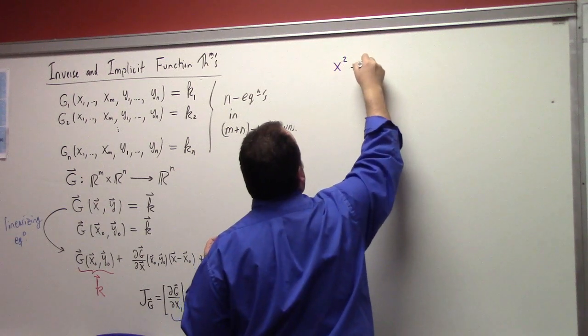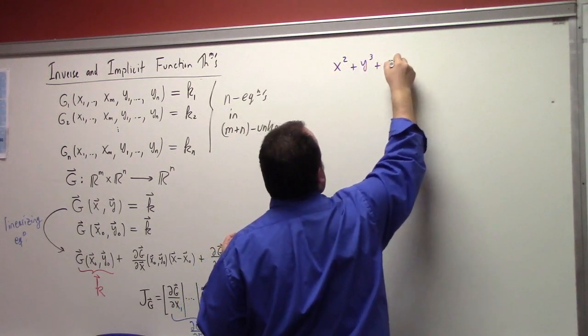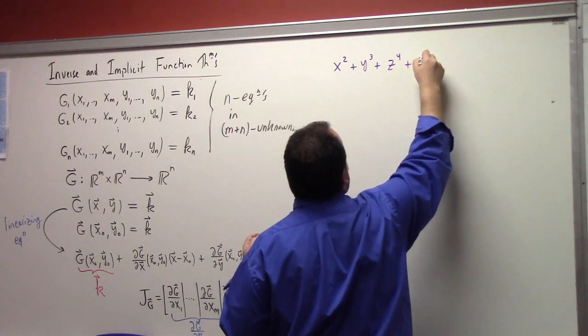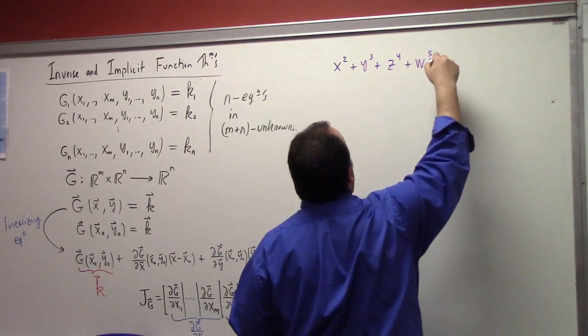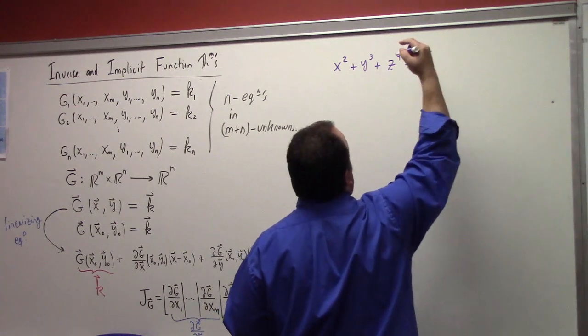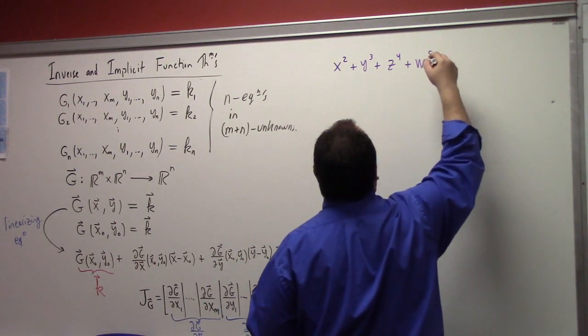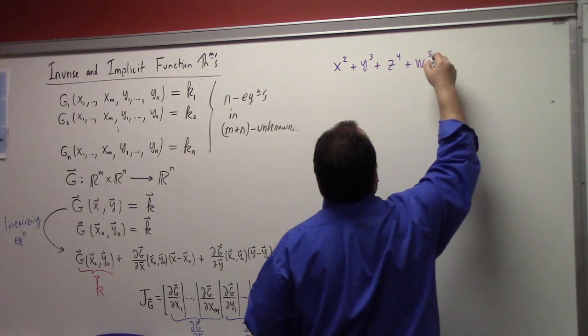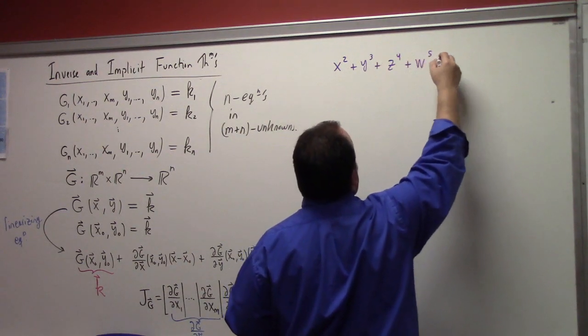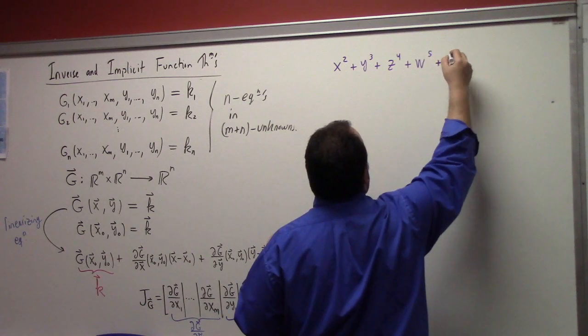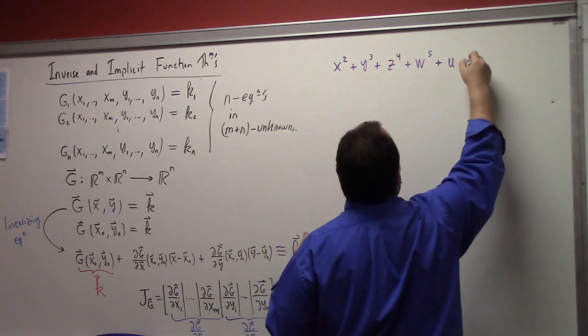x squared plus y cubed plus z to the fourth plus w to the fifth. I need another variable, x, y, z, w. I guess I'll use a u. I'll put u last, all right?